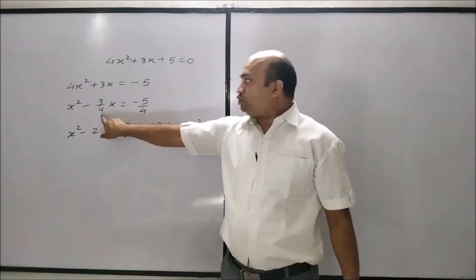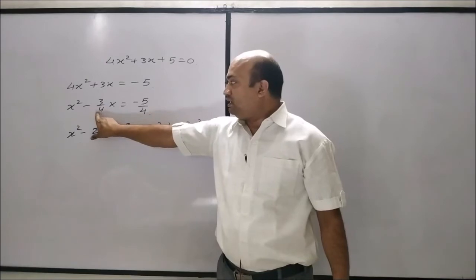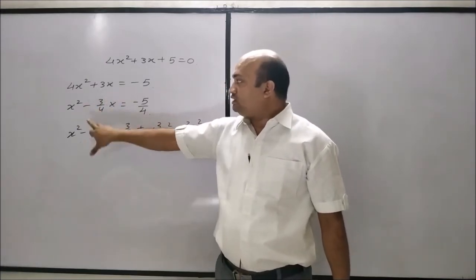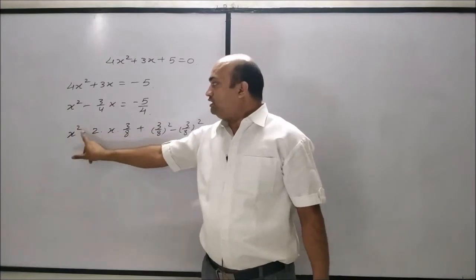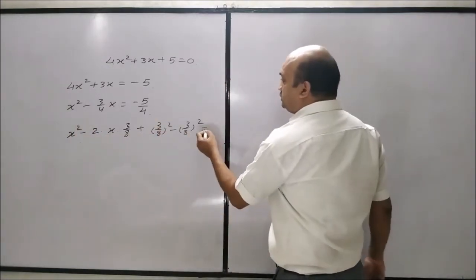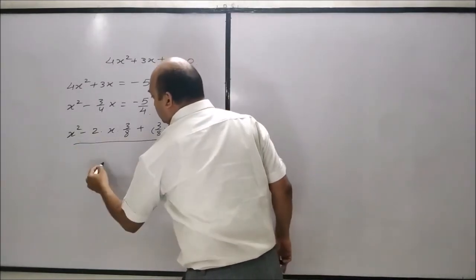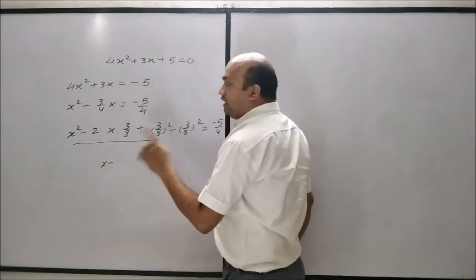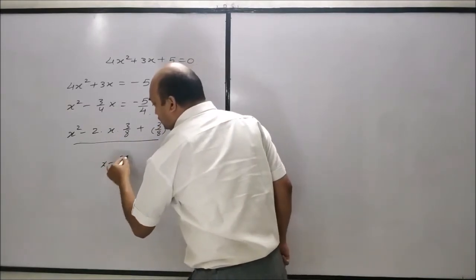So the 2 by which we multiplied is multiplied here, 4 into 2 we get 8, and the 2 by which we multiplied is here. Now a square plus 2ab plus b square we can get. It is minus 5/4. Okay, these three terms are arranged by the formula of a square plus 2ab plus b square, that is (a plus b) whole square.